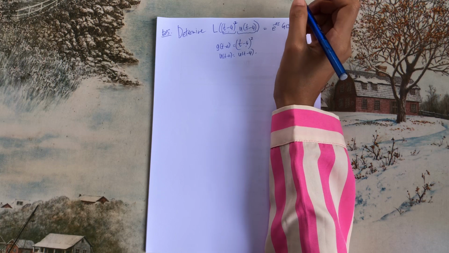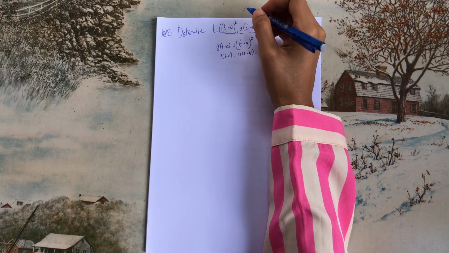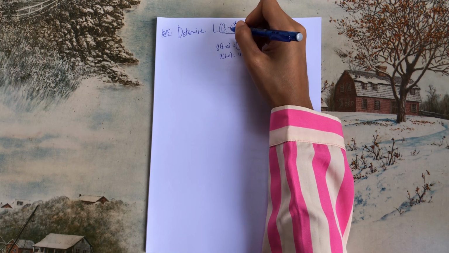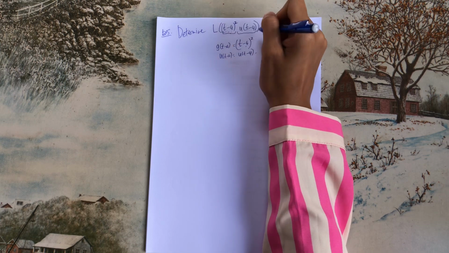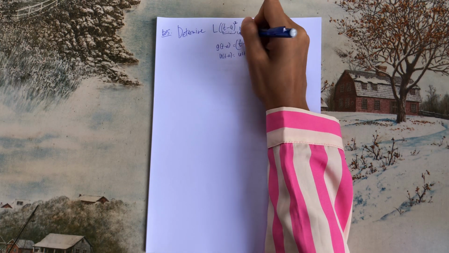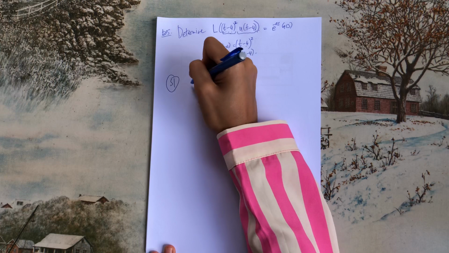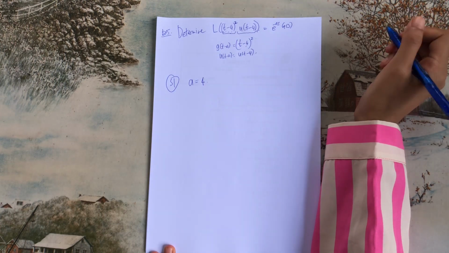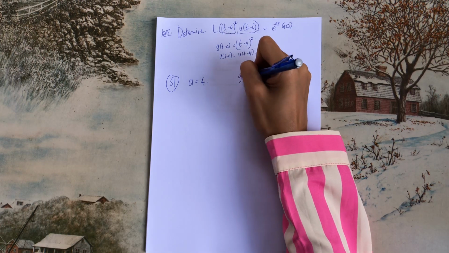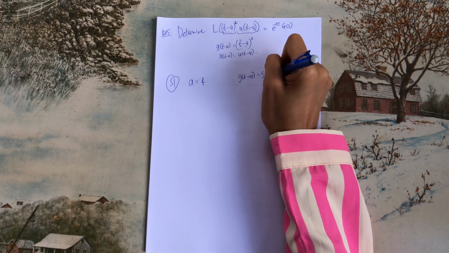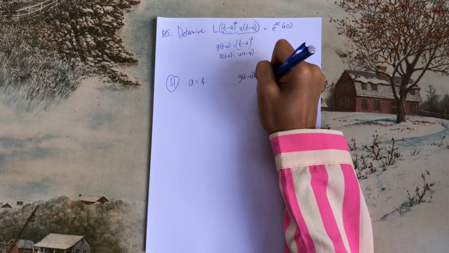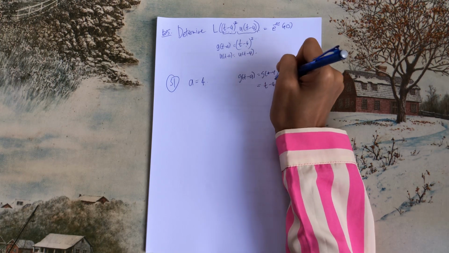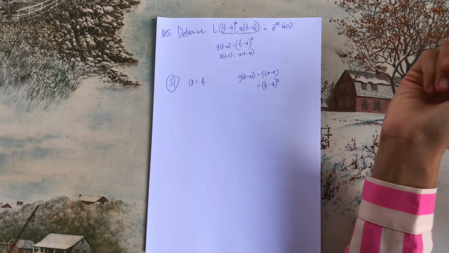The second thing we need to check is whether the a is equal, and clearly it is equal, it is 4. So step number 1, your a is 4. Now g(t minus 4) is equal to (t minus 4) squared.